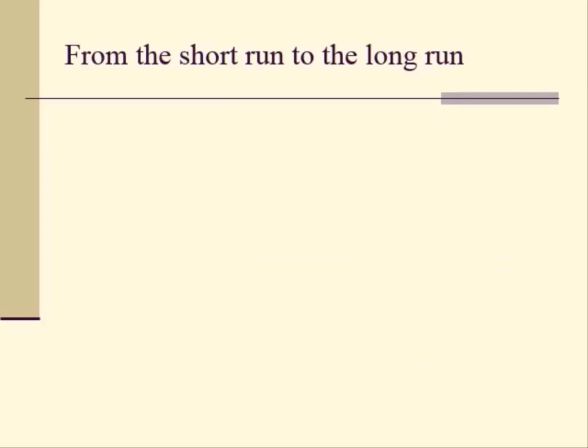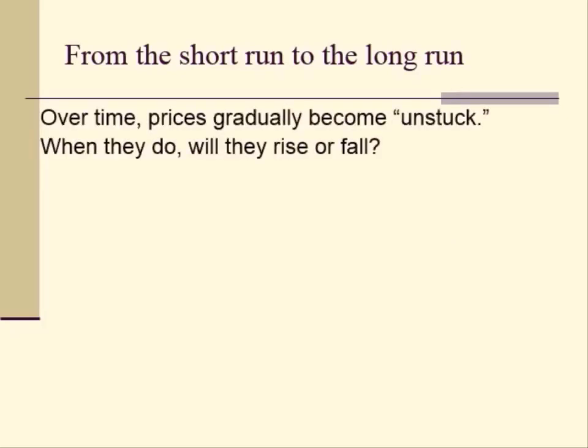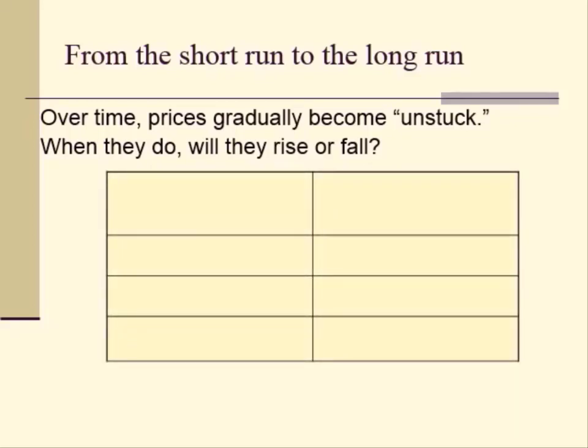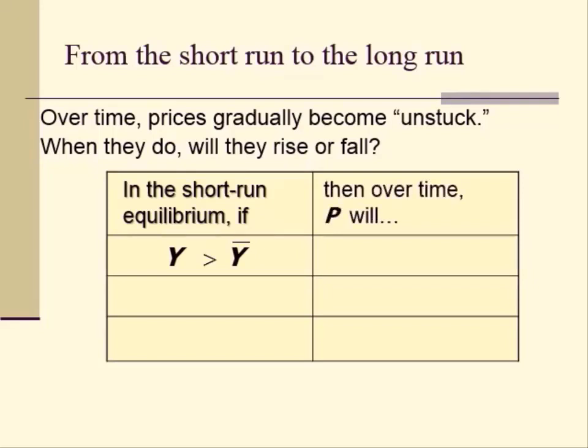So in the short run, the price is stuck. However, over time, prices gradually become unstuck, and when they do, would they rise or fall? And you can construct a table to show 3 different case scenarios. The first is, in the short run equilibrium, if Y is greater than Y bar, then over time P will rise.